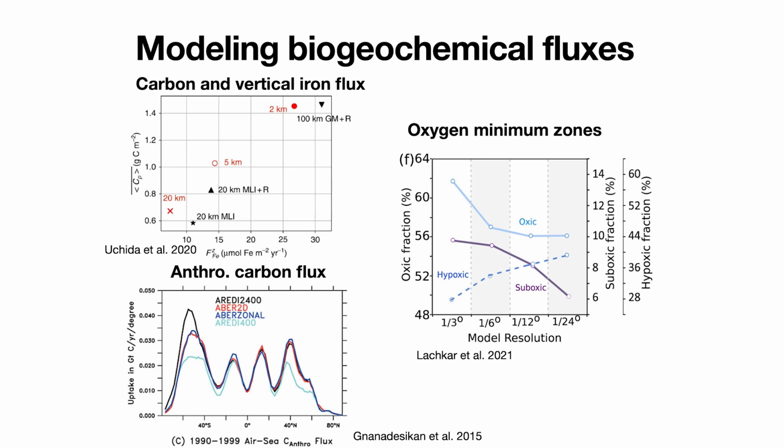And so I think getting a better mechanistic understanding of that from studies like I showed can help to improve our estimates of which of these models we should be trusting and how we can improve these models to improve our estimates of the transport of biogeochemical tracers from the atmosphere into the deep ocean.